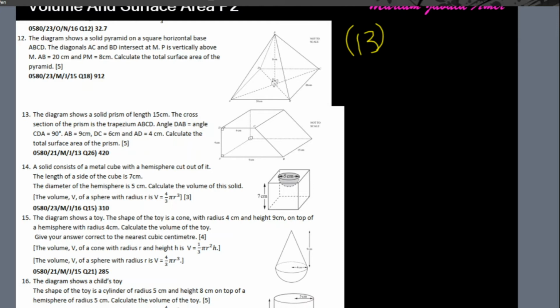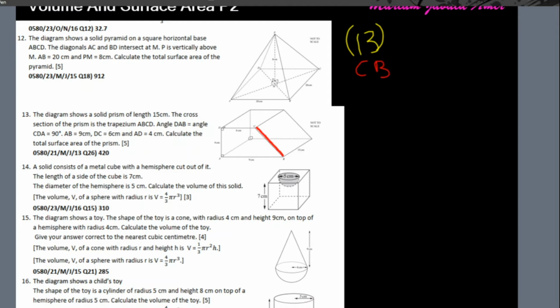Then I see one rectangle at the left, which will be 4 times 15, one rectangle at the top, which will be 6 times 15, one rectangle at the bottom, 9 times 15, and then another slant rectangle which is 15 times this unknown value. First we need to find this red length, which is CB.